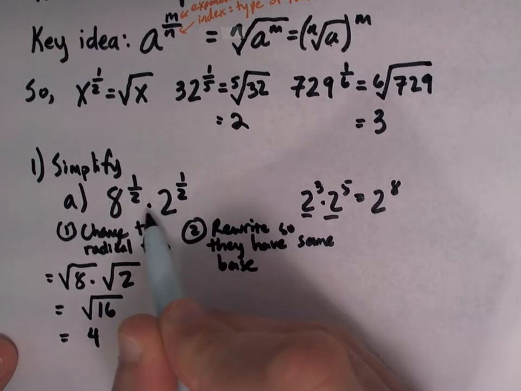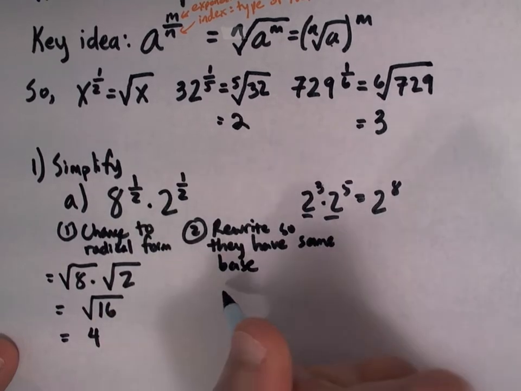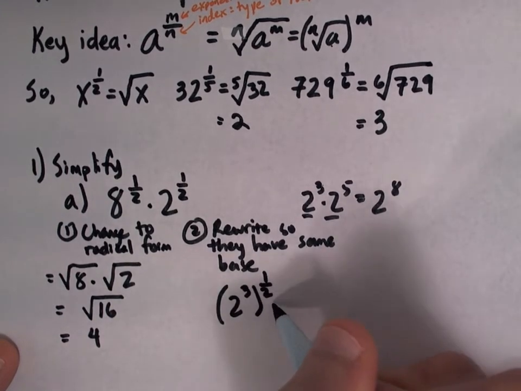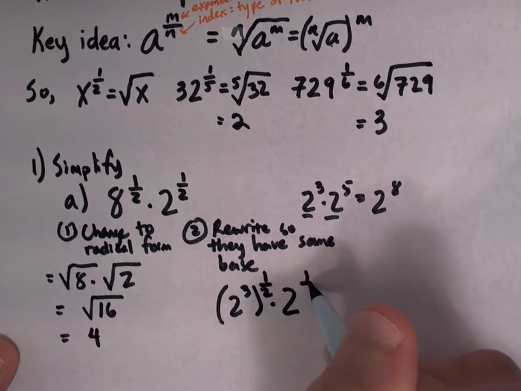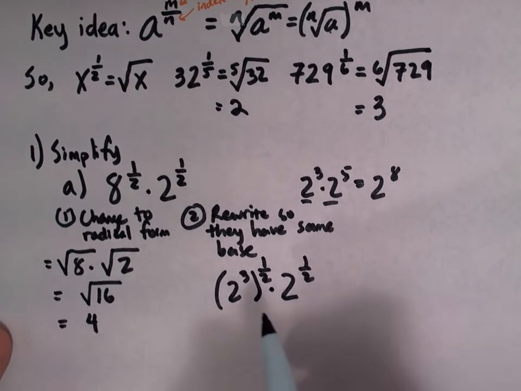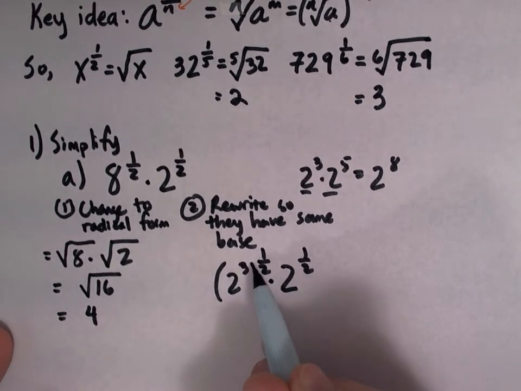Now, if I rewrite it so they have the same base, I want to rewrite 8 as 2 to some power. So I'm going to rewrite 8 as 2 to the 3rd. 2 to the 3rd to the 1/2 times 2 to the 1/2. Notice I have not changed anything. 2 to the 3rd is 8. But now I have a power to a power. Remember, power to a power rule, you just multiply these.